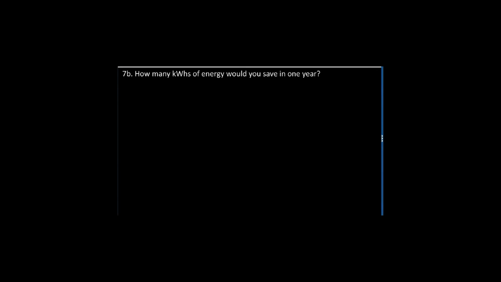The next question says, how much would you save in a year? Now if you had this answer wrong in part A, or you didn't know how to do part A, you could make up an answer for part A, and then if you did know how to do this one, you could put your answer from part A in here, and you could still get full credit for part B. So that's kind of like a little trick for the FRQs.